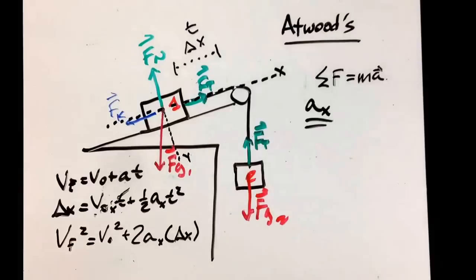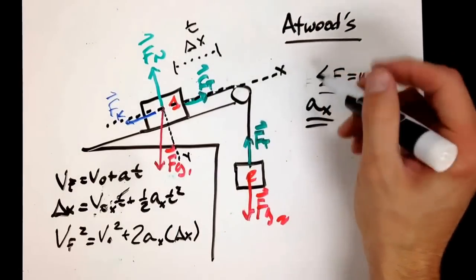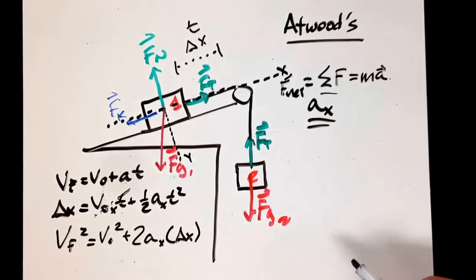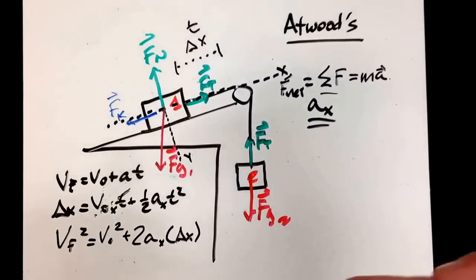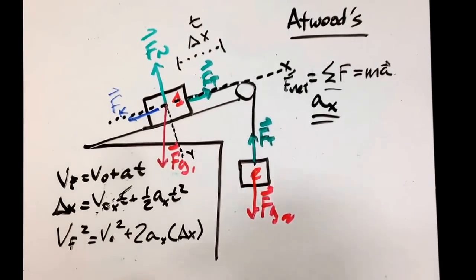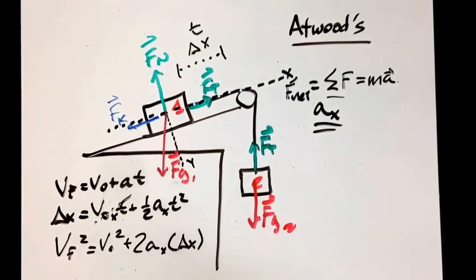Now, what's causing that acceleration? Well, that's some net force. So a lot of you were able to get that acceleration, and then it was, well, I don't know how to get Fk. Well, it's right there, okay?